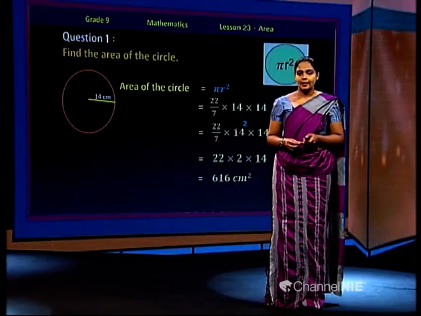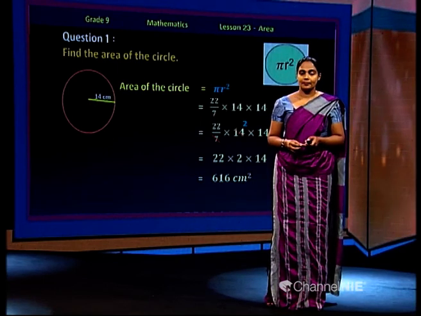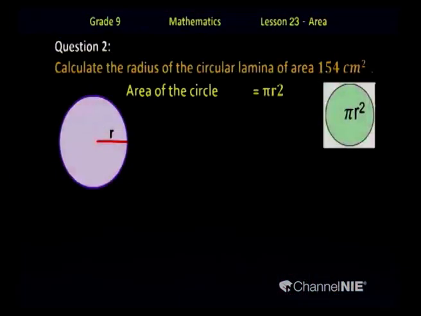Now you can find answers for another question. Calculate the radius of the circular lamina of area 154 square centimeters. Now it is not to find out area, but you should find out radius. Same thing, we have the formula: area is pi r squared.